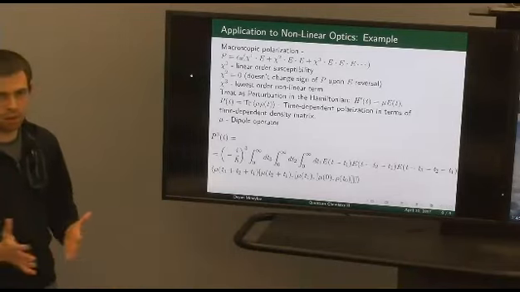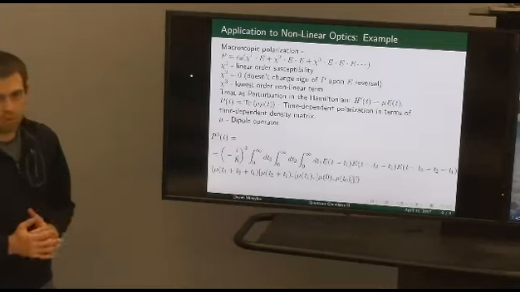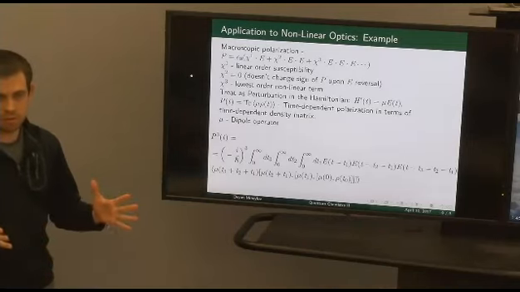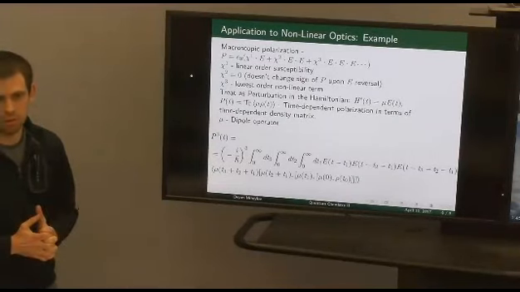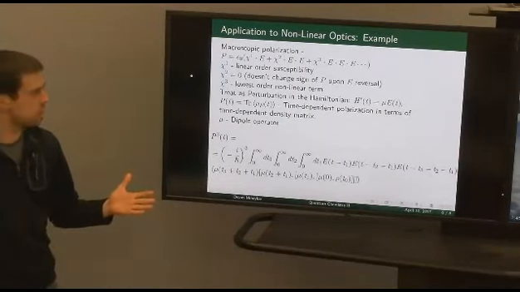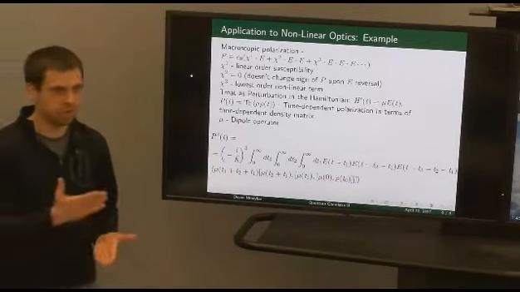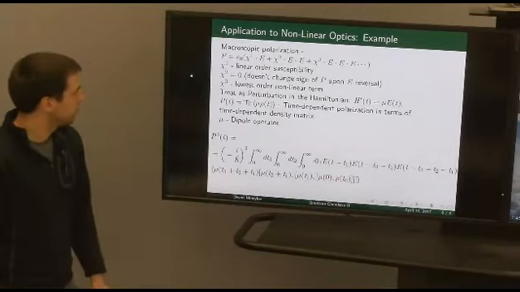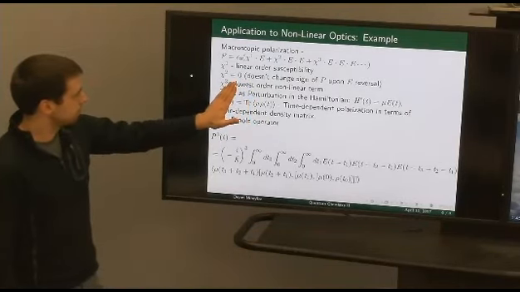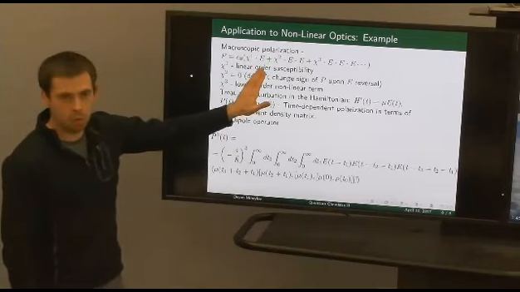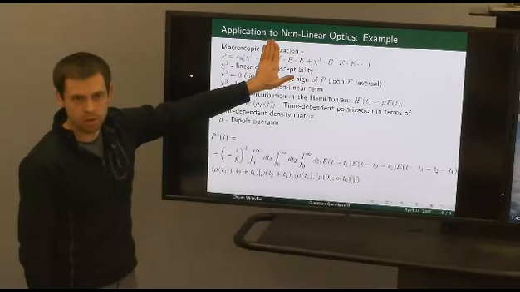But now let's see exactly how it's implemented. So, for example, this perturbative expansion of the density matrix is used to compute polarization. One of the observables that is most conveniently computed this way. So polarization can be expanded in orders of the susceptibility. And when you take only the first one, we have linear optics.